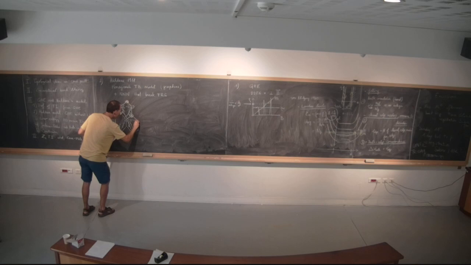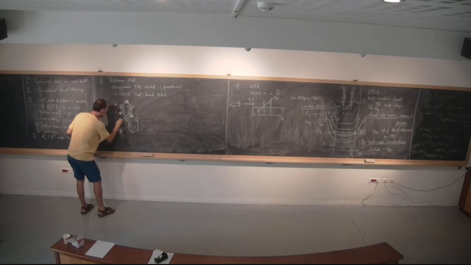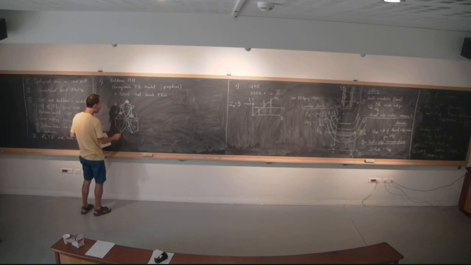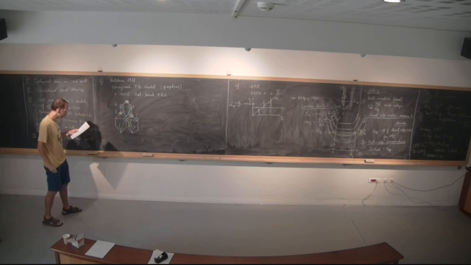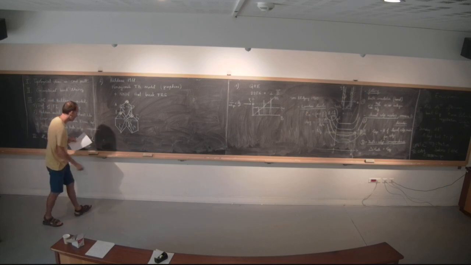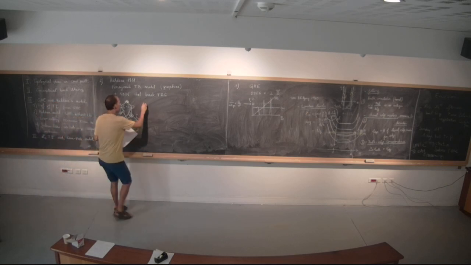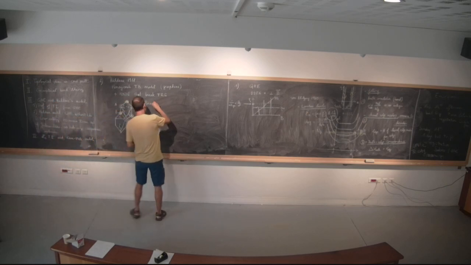And this one is B3 and minus B3. So you have 3 first neighbors and 6 second neighbors. And the Bravais lattice vectors are those of a triangular lattice.